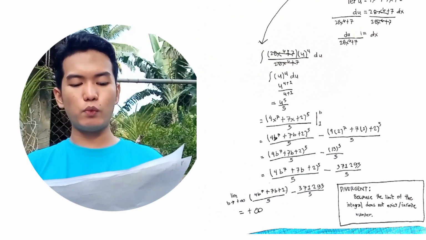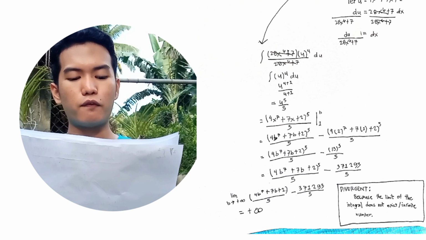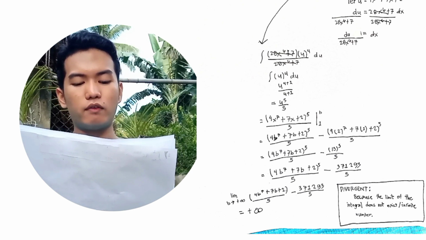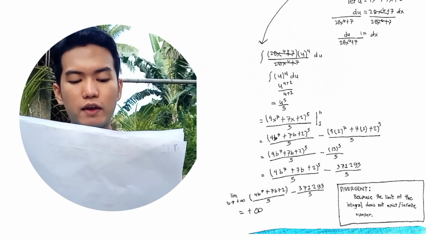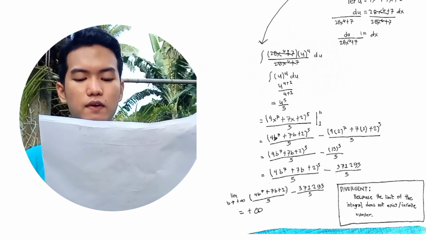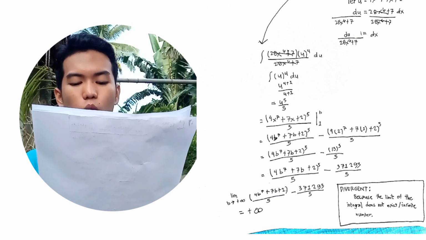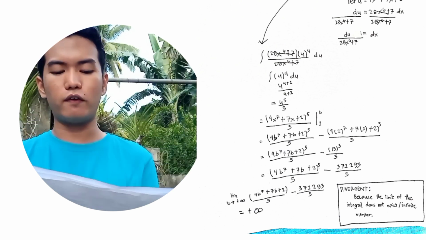In calculating, we come up with the result of 4b to the power of 7 plus 7b plus 2, to the power of 5, over 5, minus 371,293 over 5.